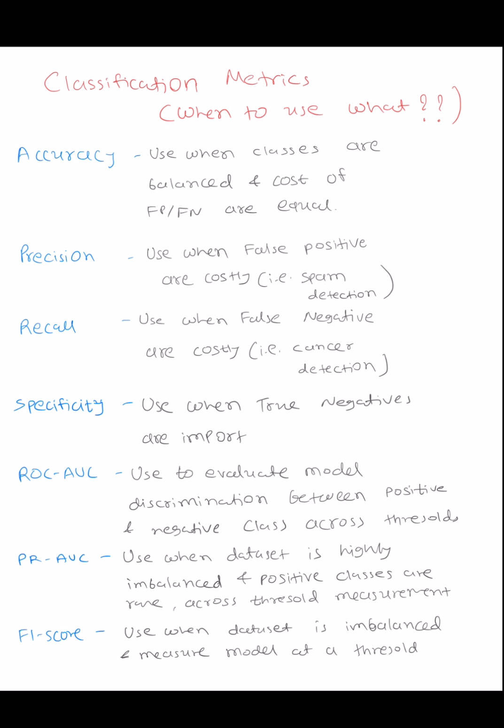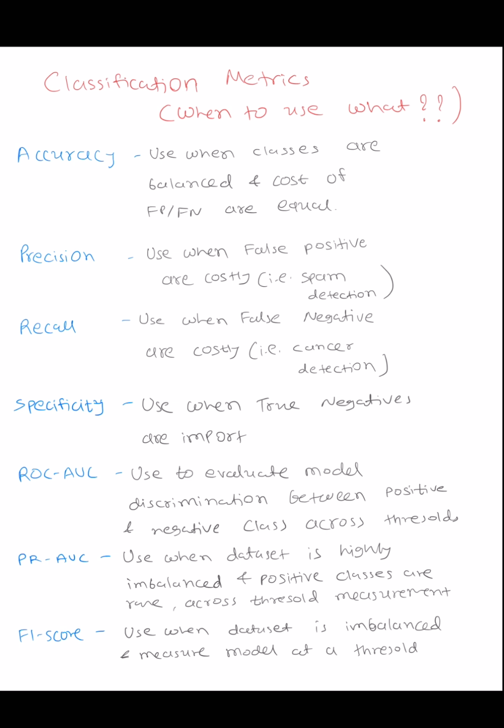If you think false negatives are costly, then you can use recall. For example, if someone has cancer and you wrongly say that person doesn't have cancer, that could be expensive in this cancer detection problem. So for such problems you can use recall. If you think the true negatives are important for a problem, then you can use specificity as a metric to evaluate that model.